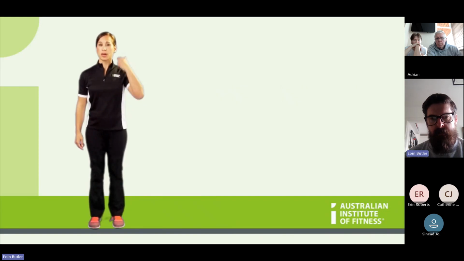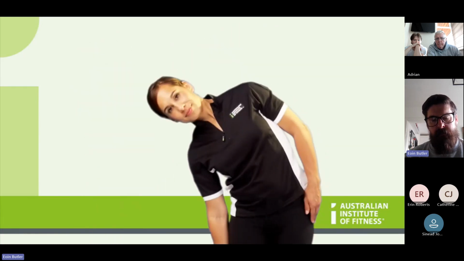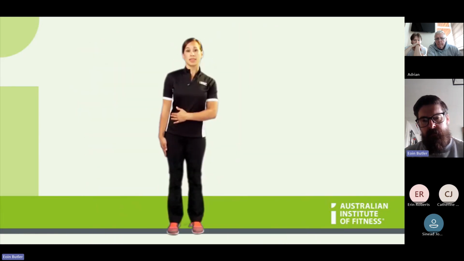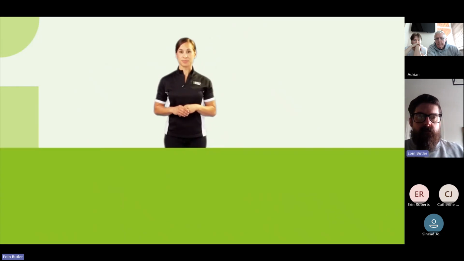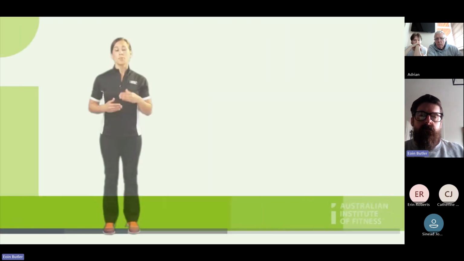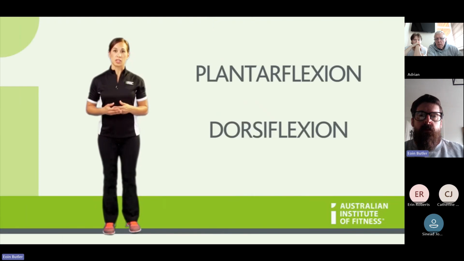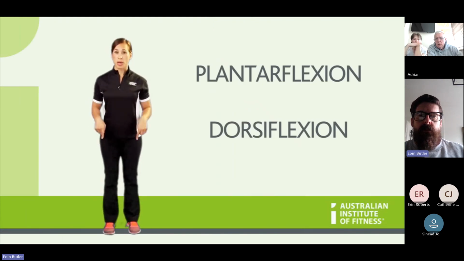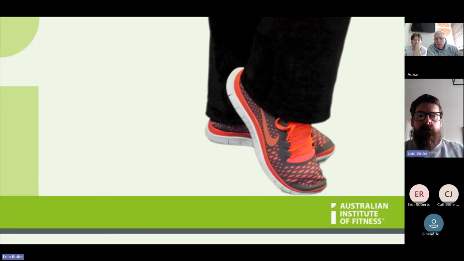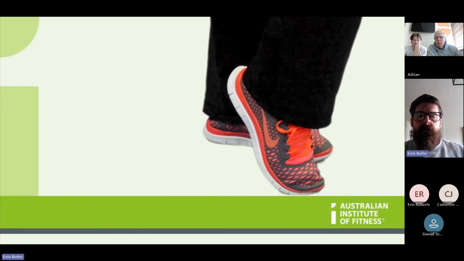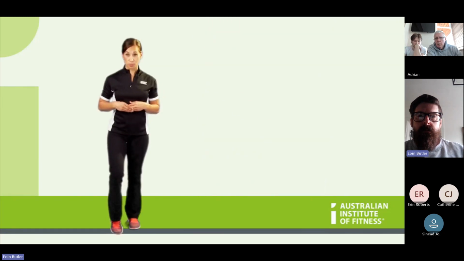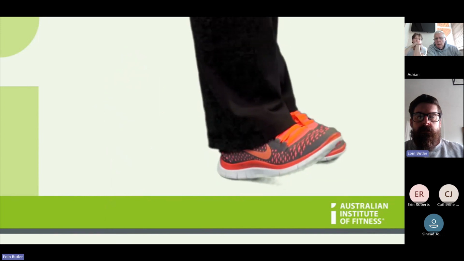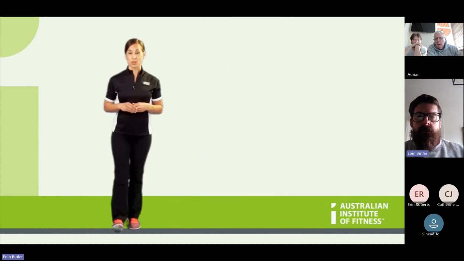So for example, when my head goes this way, that is lateral flexion, or my torso, that is also lateral flexion. Plantar flexion and dorsiflexion are special words used to describe what happens at the feet. So when I plant my toes into the ground, that is considered plantar flexion. When I pull my toes up, that is considered dorsiflexion.